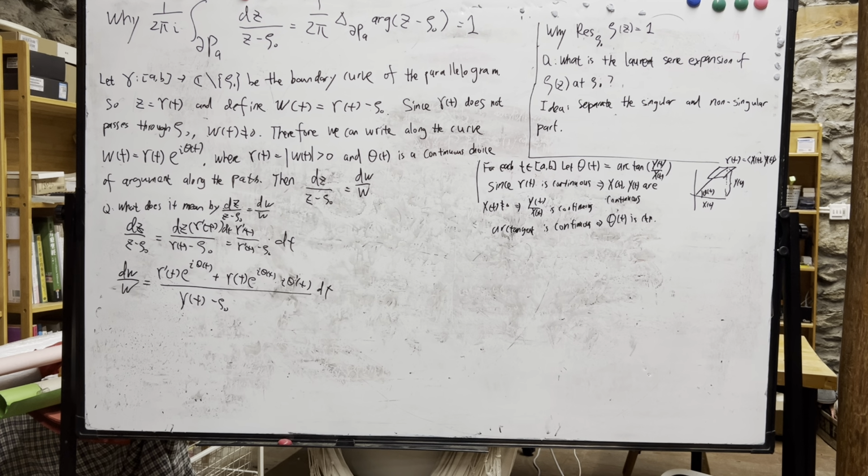But for d omega, if I view omega of t as a complex valued function, the input for this omega is just t, between a and b.